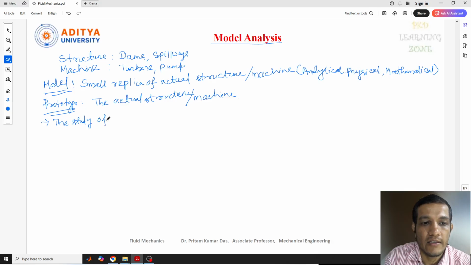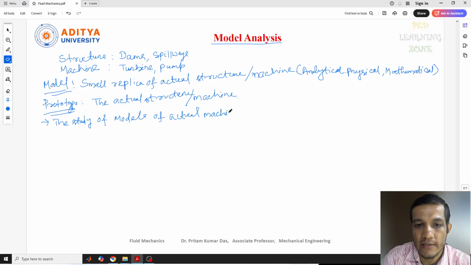We can say the study of models of actual machines is called model analysis. And here, why is this model analysis actually required? As I told you, the difference between these models and prototypes, and why it is required.